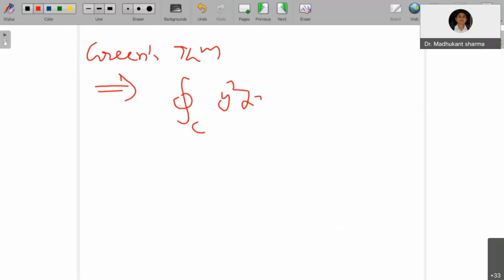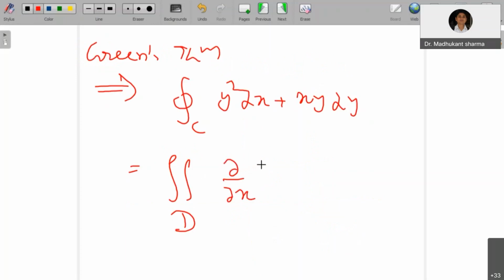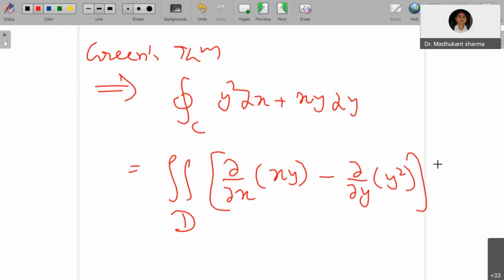So y square dx plus x times y dy is equals to the double integral over D of dou by dou x of the dy component, that is x times y, minus dou by dou y of the dx component, that is y square, dA or dx dy.